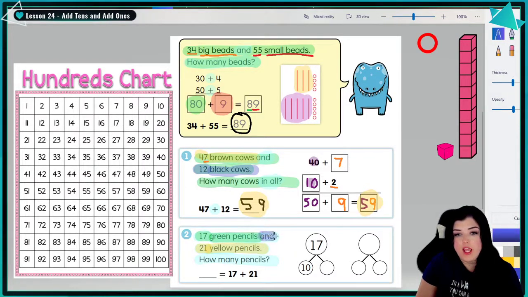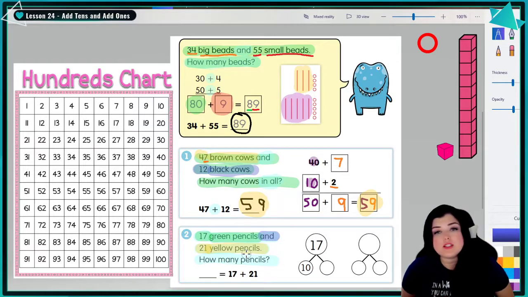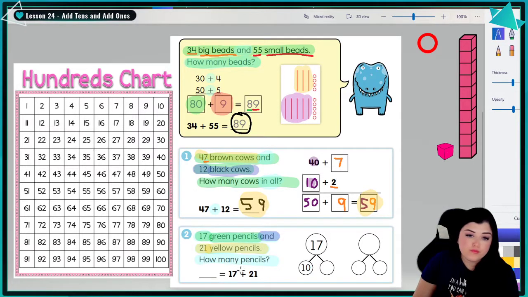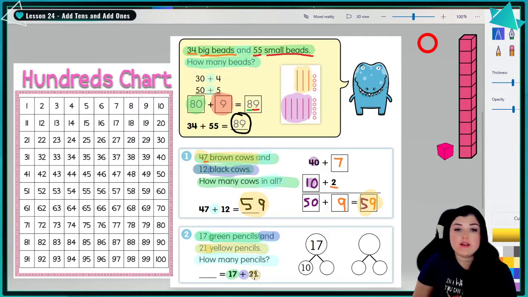They use the word and. So we know that since they're asking how many pencils, they want you to bring both parts together to find your whole number. So 17 is one of my parts and 21 is my other part. But we have to bring these numbers together to find our whole number.